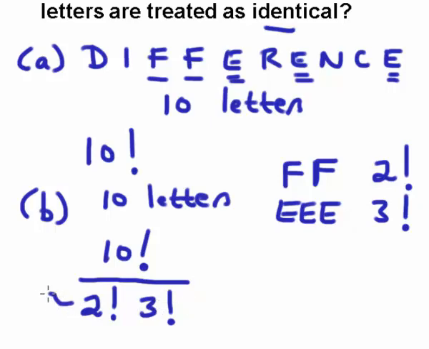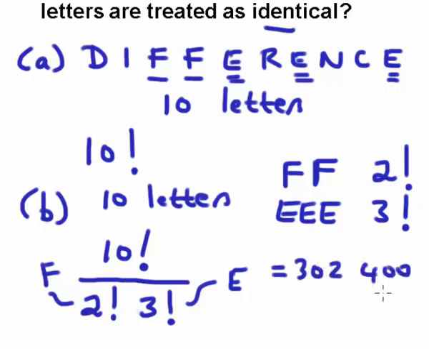The F is 2 factorial at the bottom, times 3 factorial for the E's, and 10 is the total number of letters. If you work that out, it comes to 302,400 ways of arranging the letters in this word, where the repeated letters are treated as identical.